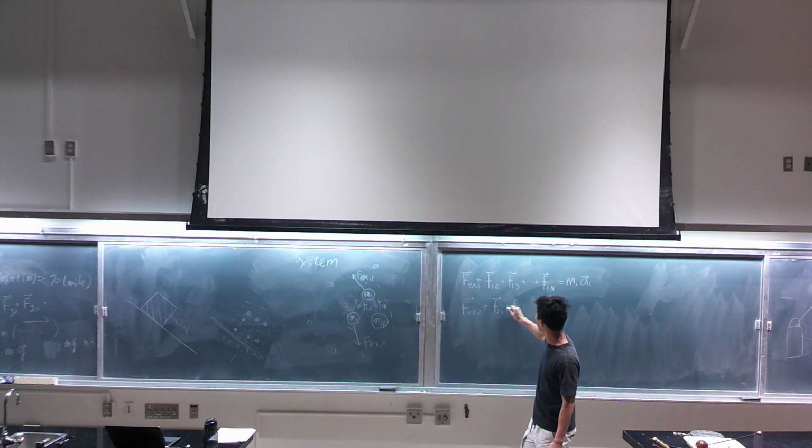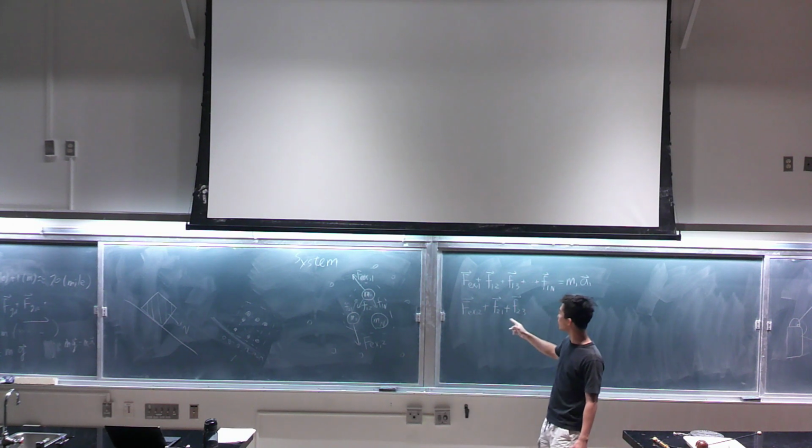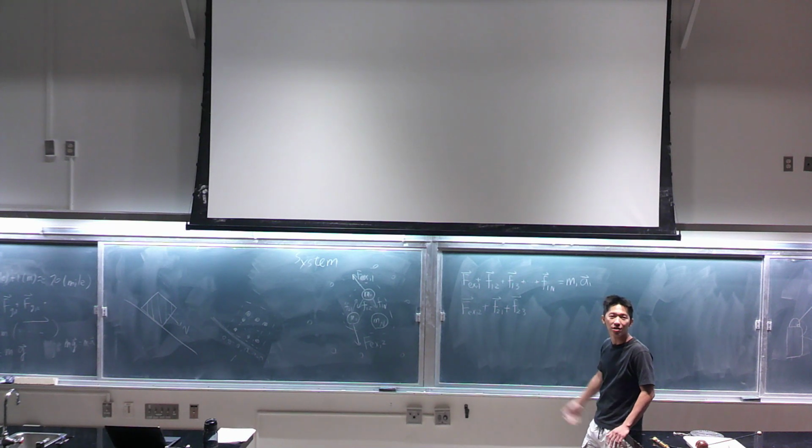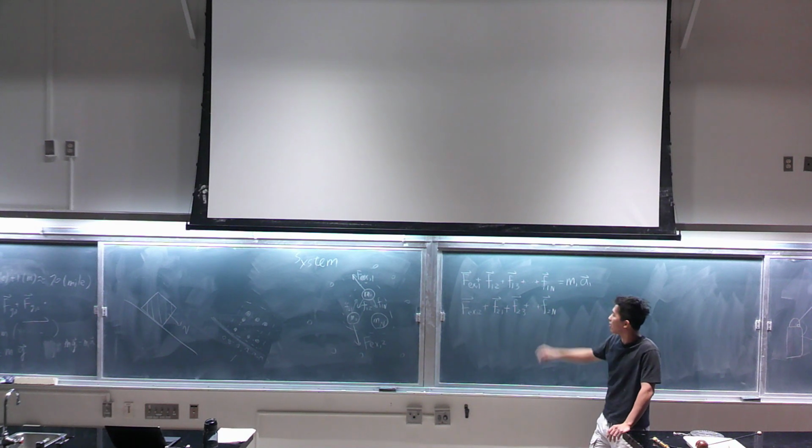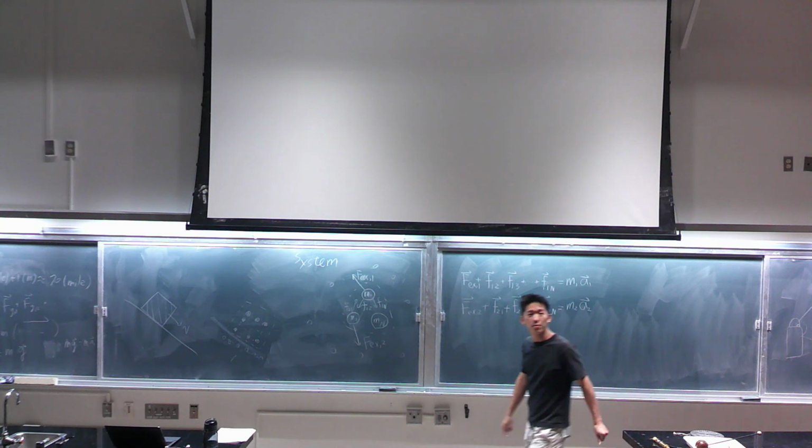We can have the force on the second particle by the third particle. We skip 2 because the second particle will not add force on itself. It only comes from other particles. So until the nth particle can also exert a force on the second particle. And the total force will be the mass of the second particle times its acceleration. Okay?